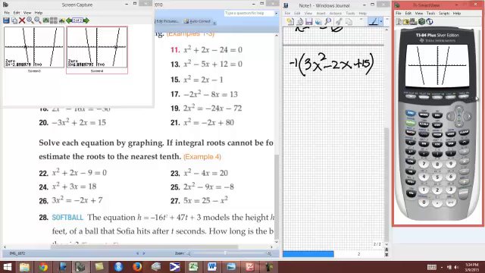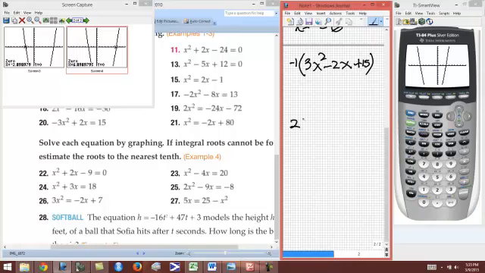More of the same. Now this looks like we might have integers. In fact, this thing factors, positive 6 and negative 3. I thought we would be estimating them, but this factors too.